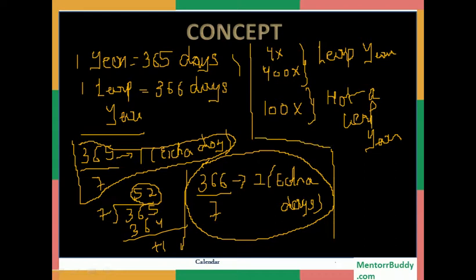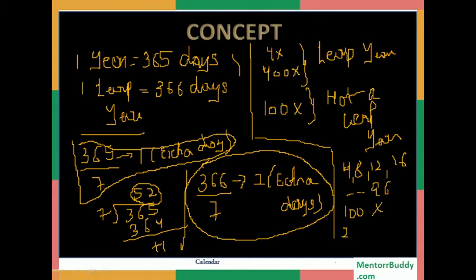So for example, 4, 8, 12, 16 and so on up till 96, these all are going to be leap years, but year 100 is not a leap year.